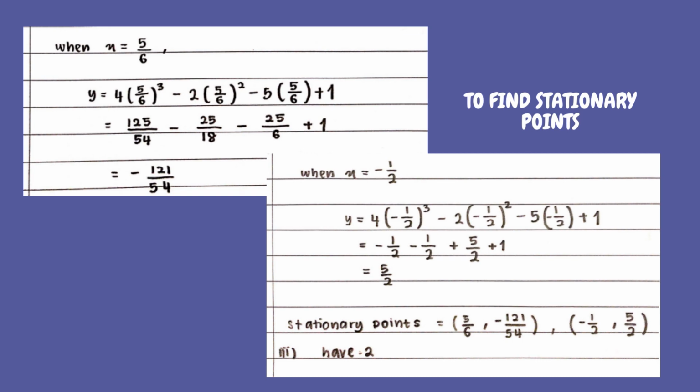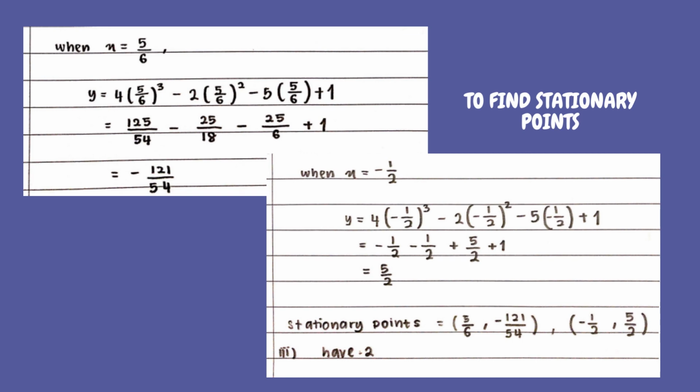121 over 54. Then when x equals to negative 1 over 2, y is equals to 4 times negative 1 over 2 power of 3 minus 2 times negative 1 over 2 power of 2 minus 5 times negative 1 over 2 plus 1.